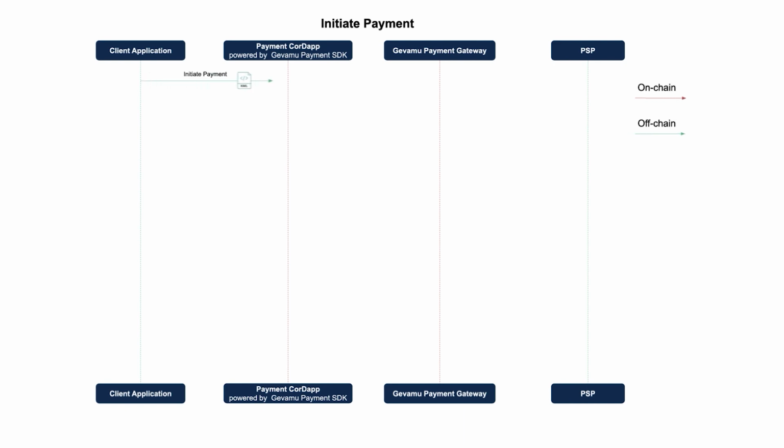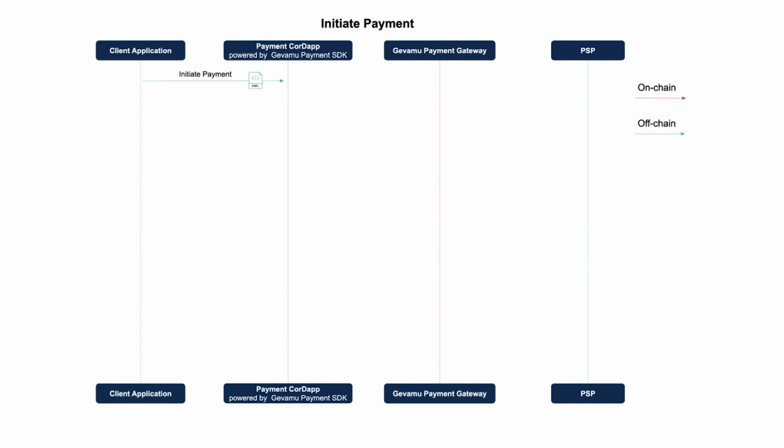The participant initiates the payment transaction off-chain via web UI. The payment request is handled by a web server on the participant's side and sent via Corda RPC to the custom payment core app installed on-chain on the participant's node.